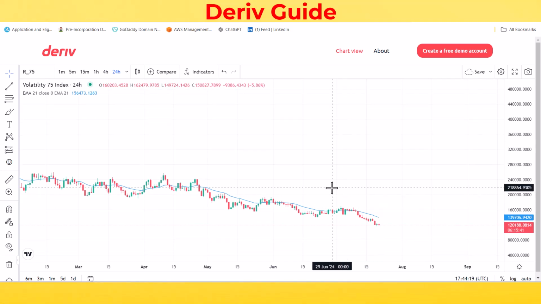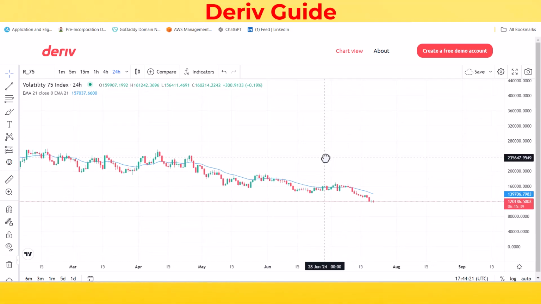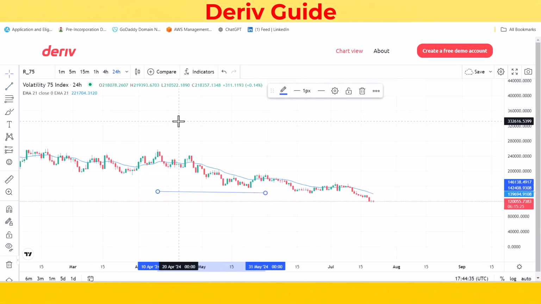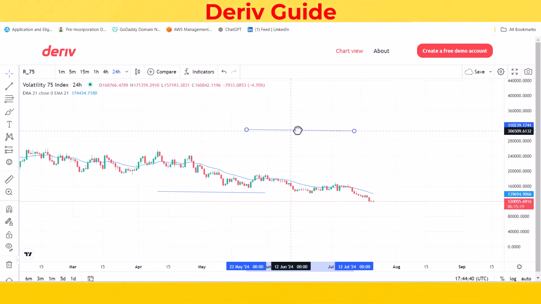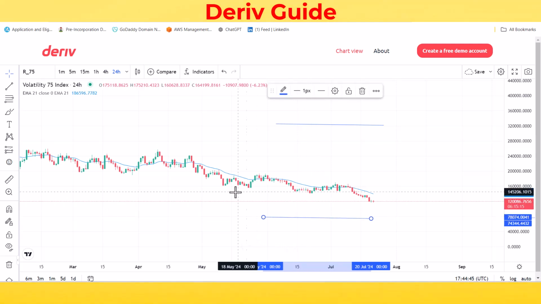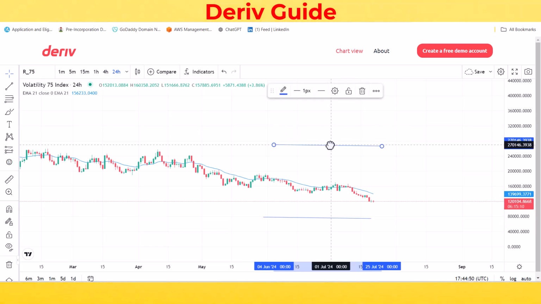By the floor or the roof, I mean the support or resistance. And let me bring some drawing tools here. So we have support from under, and then resistance on top. If it is below the market movement, it is support. If it is above the market movement, it is resistance, right?